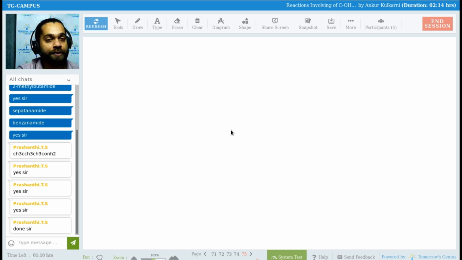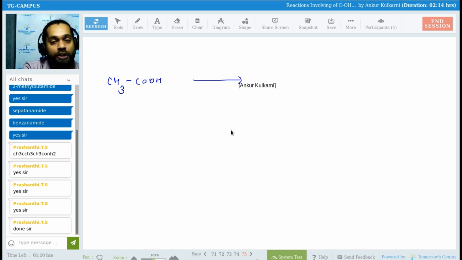So if I have a strong reducing agent, suppose I have CH3COOH and a strong reducing agent like LiAlH4, what will the strong reducing agent convert it to?